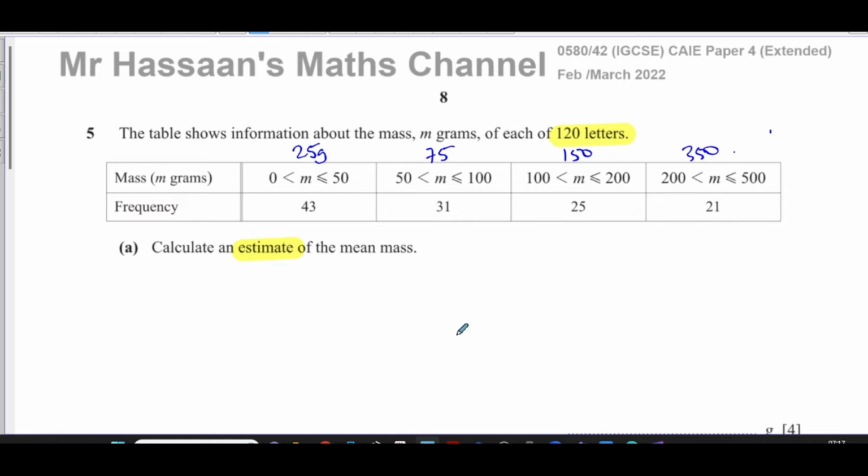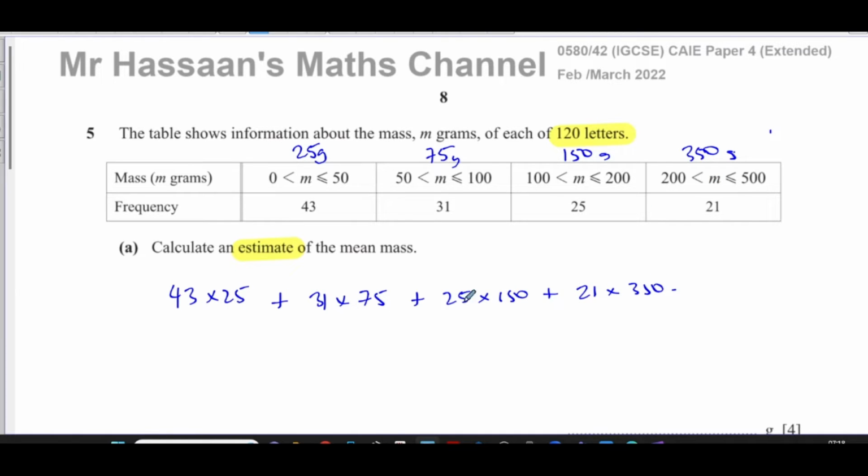So now let's estimate the total mass of these 43 letters. That would be 43 times 25, plus 31 times 75, plus 25 times 150, plus 21 times 350.